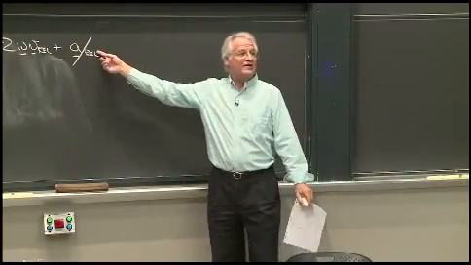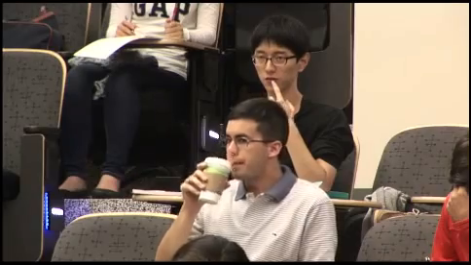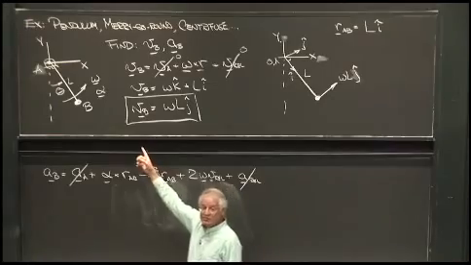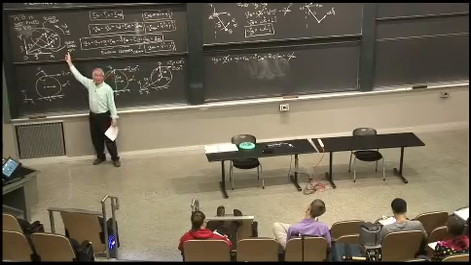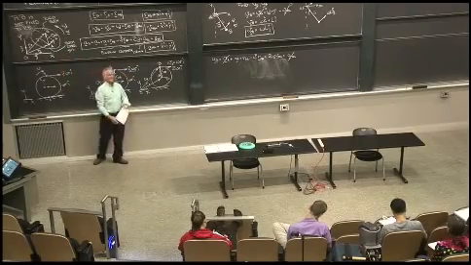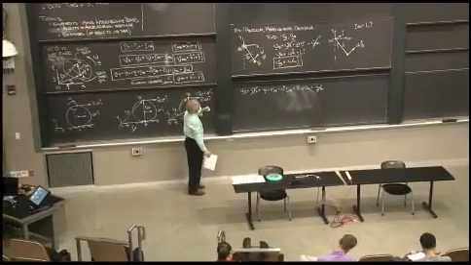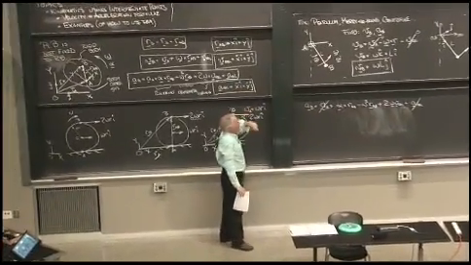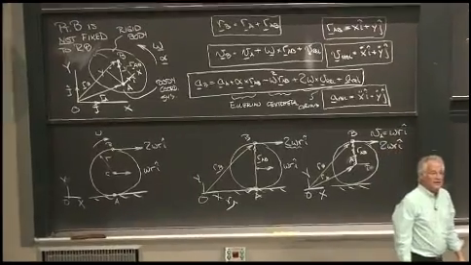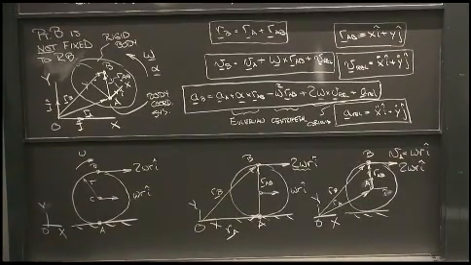How'd you get rid of this one? Relative to the intermediate frame, point B is fixed as well. Precisely. Point B is fixed in the body, so not only does A rel disappear, but V rel disappears as well.